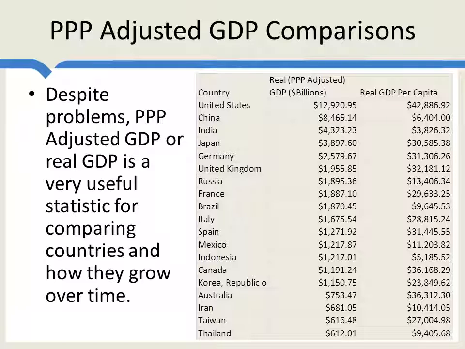We can compare that with China, which had a very large total GDP, 8.4 trillion, almost as large as the United States. The GDP per capita, however, was much, much lower. India, even lower yet. So even though it's imperfect, these real PPP adjusted GDP statistics are very useful for comparing countries and for looking at how countries are growing over time.